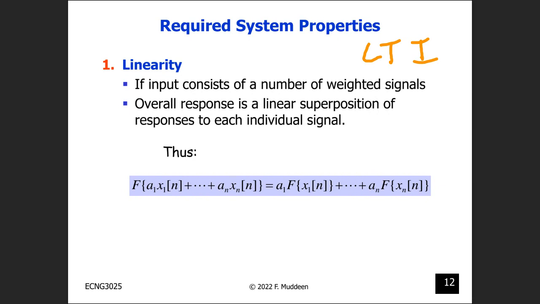So if we have a system that does some function on a series of inputs x1 to xn, then we can add up the response to each of them. So we can see what is the response to A1 X1, what is the response to A2 X2, and so on, and then add up those answers to get the final answer. That is if the system is linear.